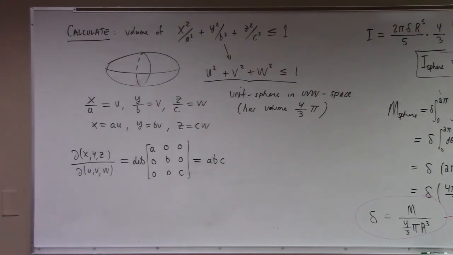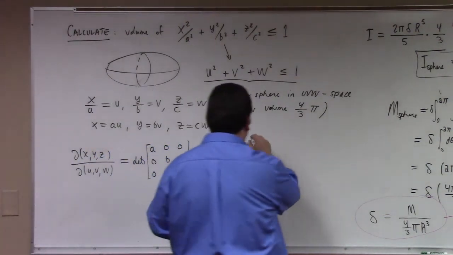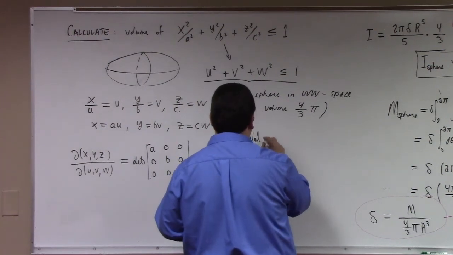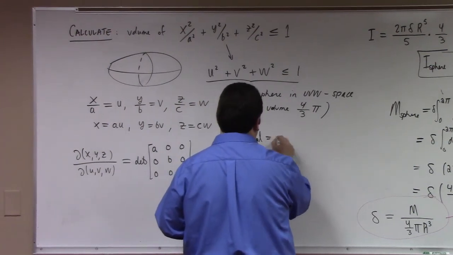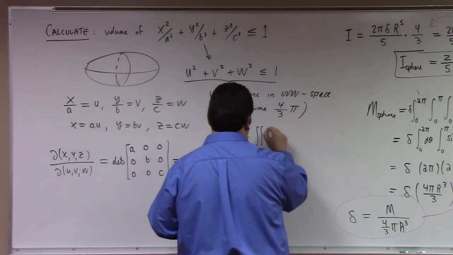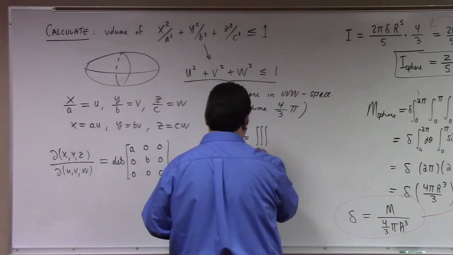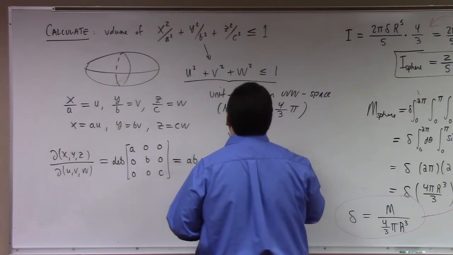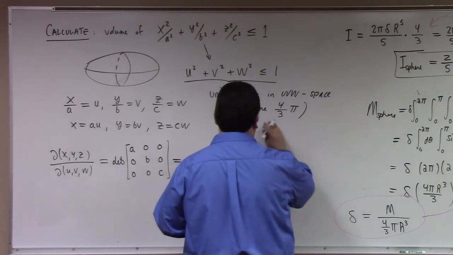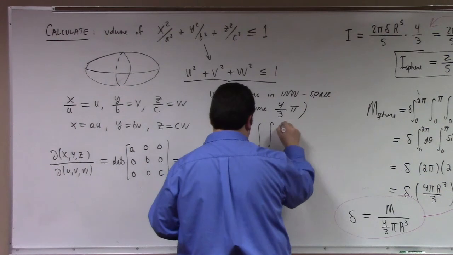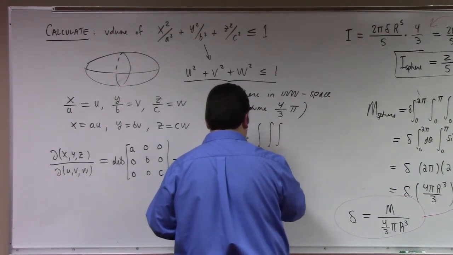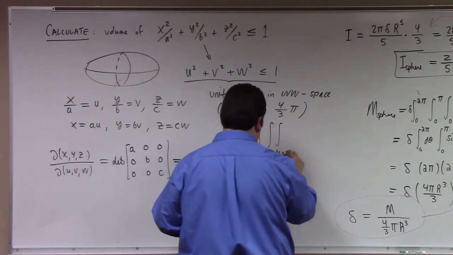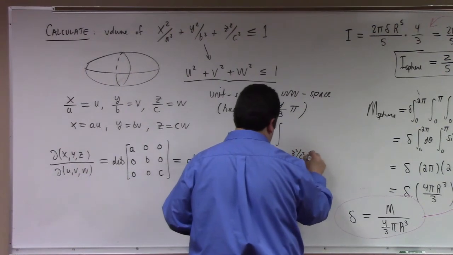And so to calculate that volume, we do the integral. So the integral x squared over a squared plus y squared over b squared plus z squared over c squared less than or equal to 1 of dV.